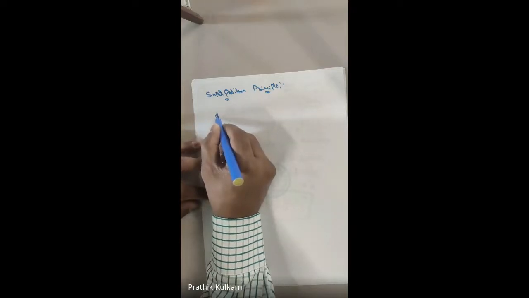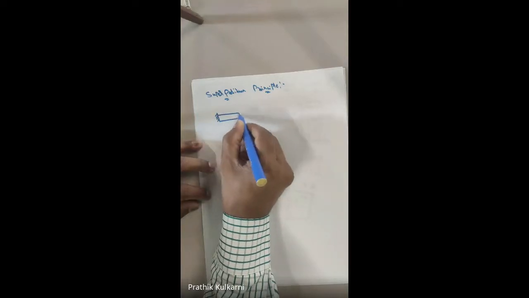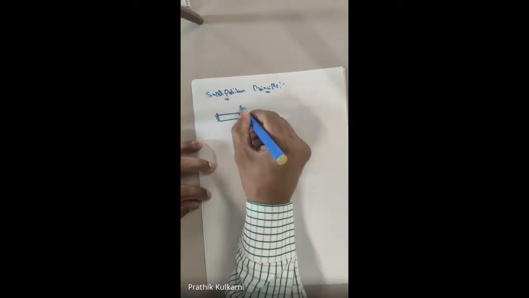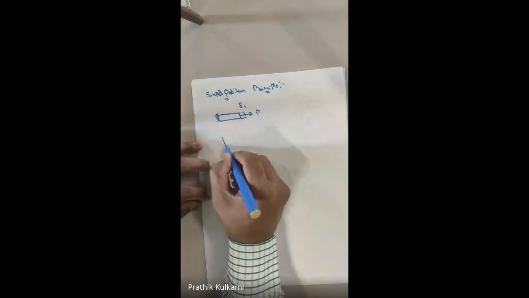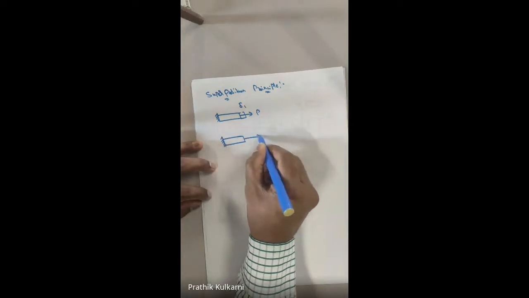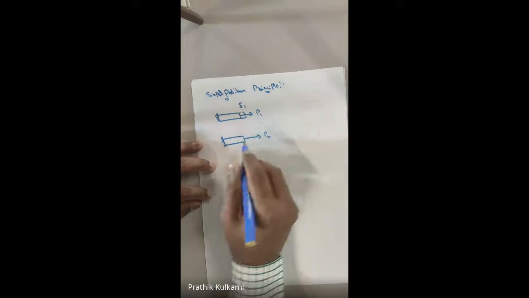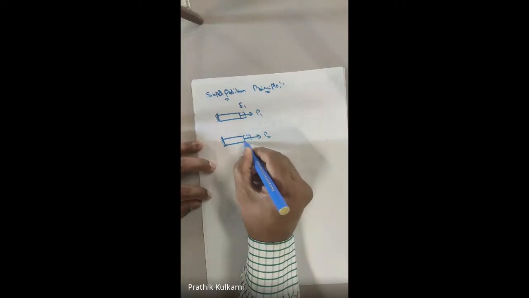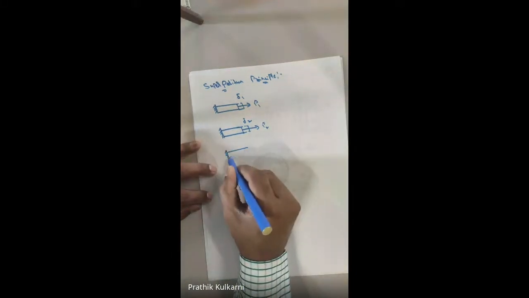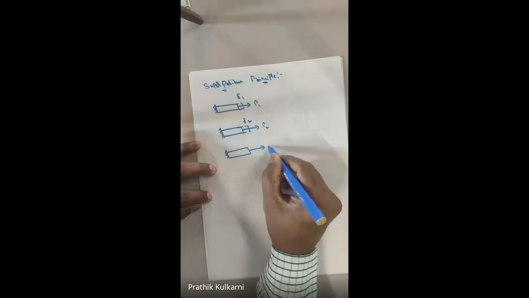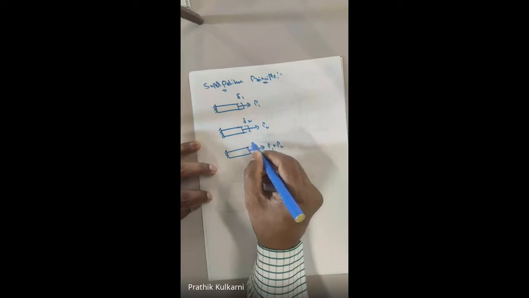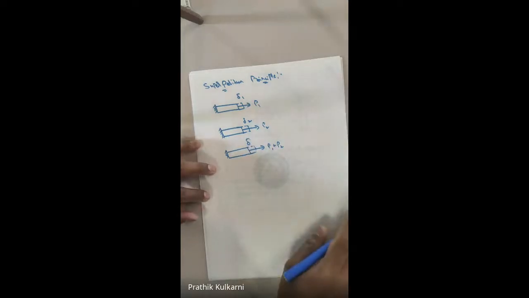So here, if I take a member and apply a force P1, then the deformation here will be delta 1. Yes or no? If I take the same member and apply P2, then the deformation here is delta 2. Similarly, if I take the same member and apply P1 plus P2 force, then the deformation we get, let us assume it as delta.